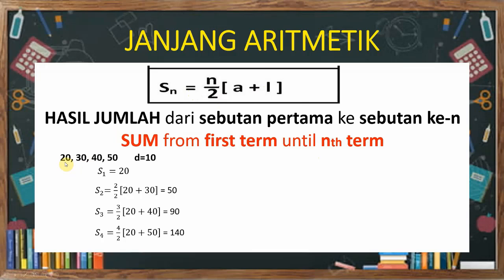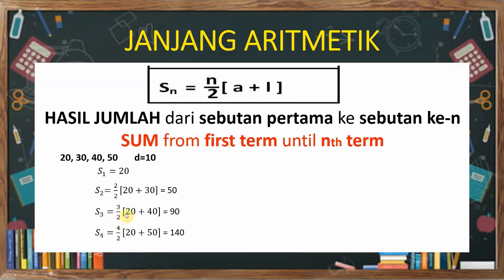For example, 20, 30, 40, 50. If you are asked to find S1, of course it is only 20, by adding the first term only. S2 is by adding the first two terms, so it is n over 2 times (a plus l), where l is the last term. The last term in this case is the second term.